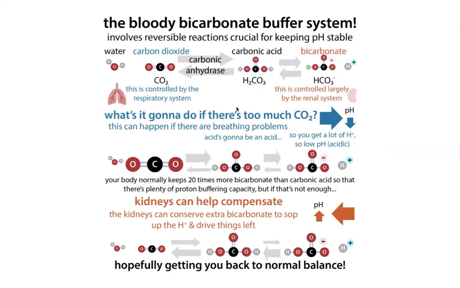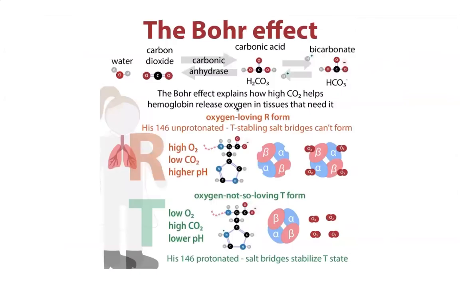And when we have more protons, well, now we lower the pH. Your body has ways to compensate in order to keep it steady by changing the breathing and the kidneys. But what we really care about for our purposes here is that you have water react with carbon dioxide to give you carbonic acid, which can deprotonate to give you bicarbonate, producing protons. So more carbon dioxide, lower pH.